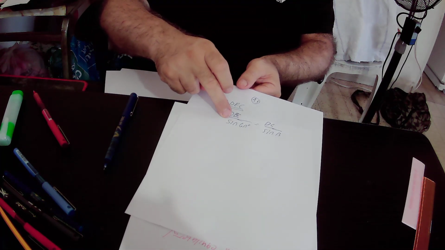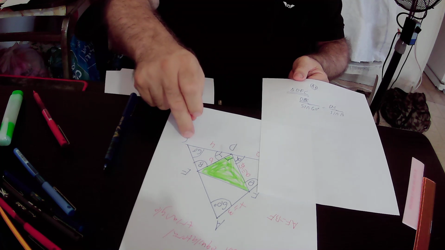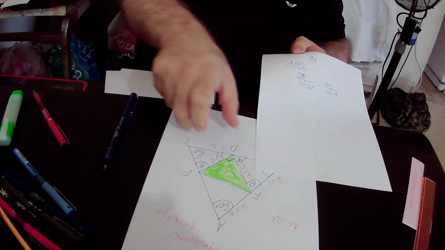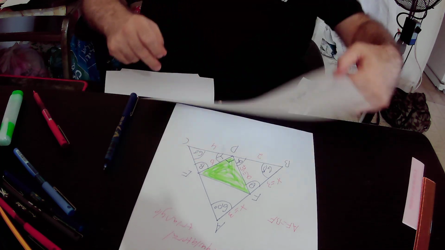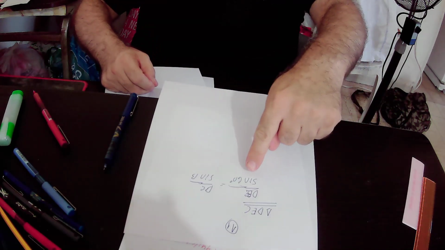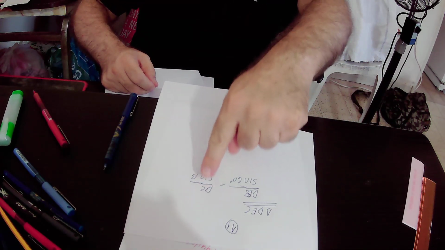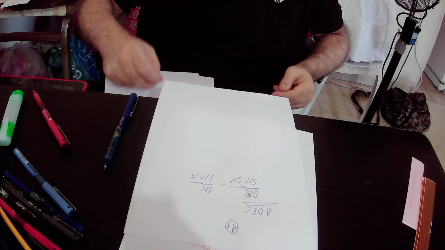According to the law of sines, dE over sine 60 degrees equals dC over sine beta.